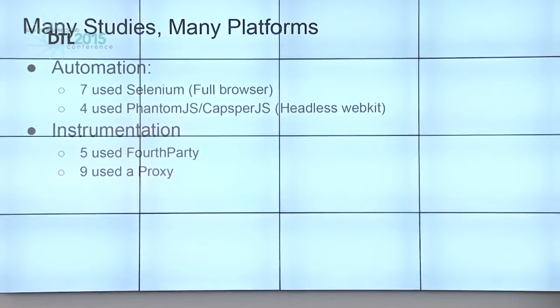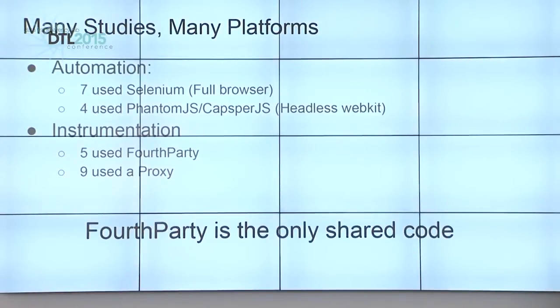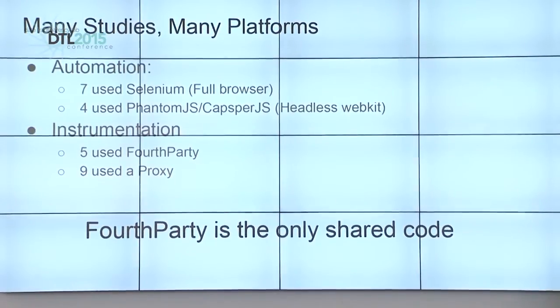Fourth Party is a tool out of Stanford that basically will record access to some JavaScript APIs, particularly the type of fingerprinting that Panopticlick, which I mentioned before, does, or shows how that's possible. We also saw a bunch using various proxies. So I think the point to highlight here is that Fourth Party is really the main piece of shared code between all of these studies.